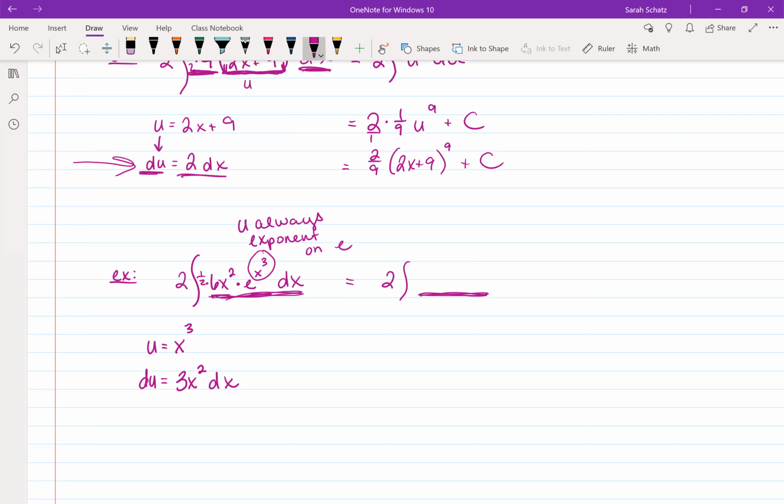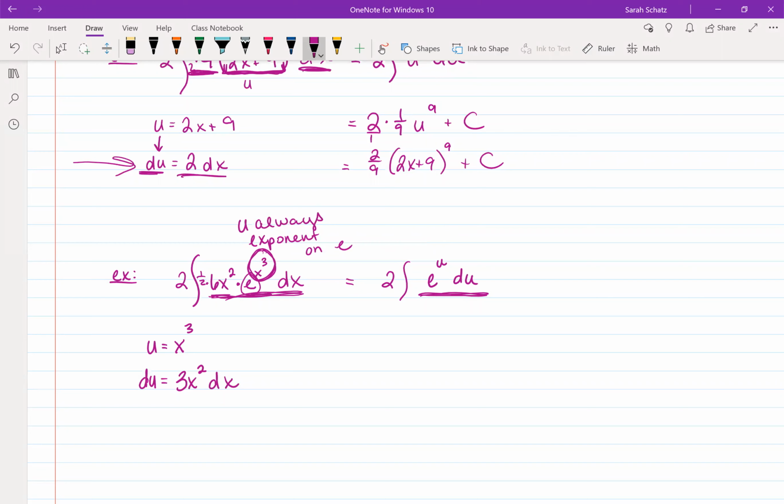Your u rewrite's not going to be in the same form. It's not going to be u raised to some power, is it? No, because u is the exponent on e. I haven't replaced this e with anything, and it's going to be part of my antiderivative. When you have an exponential function, your rewrite is always going to look like e to the u du.